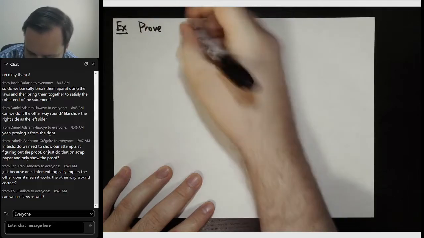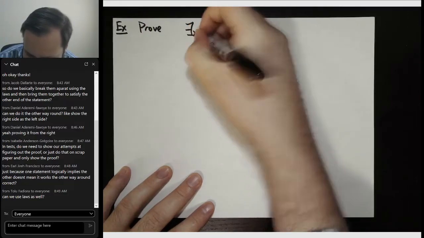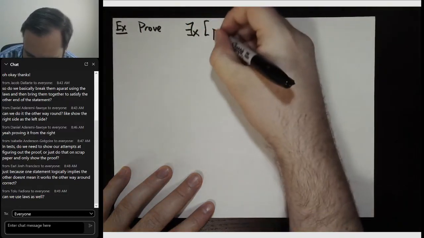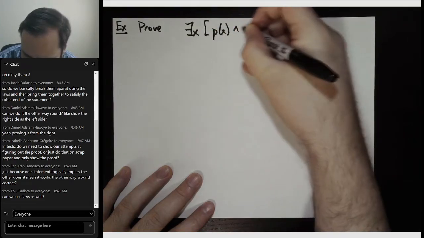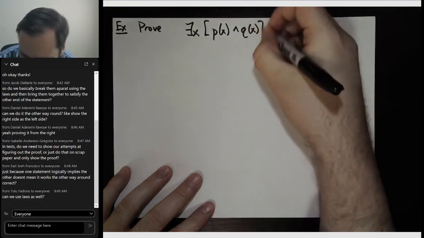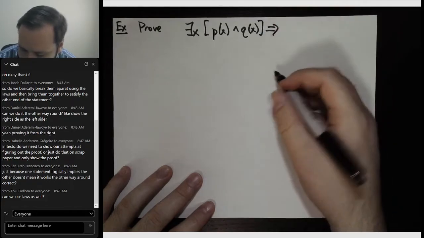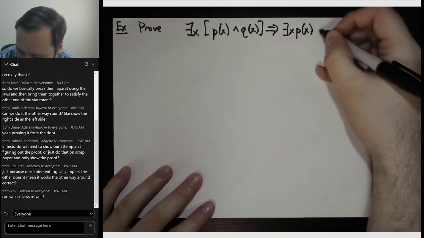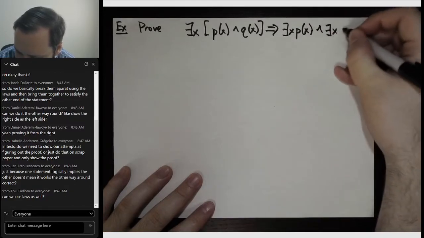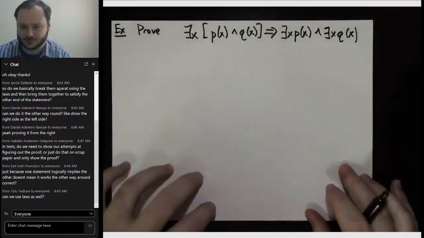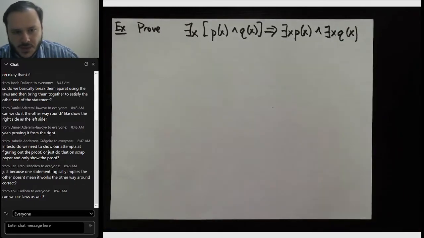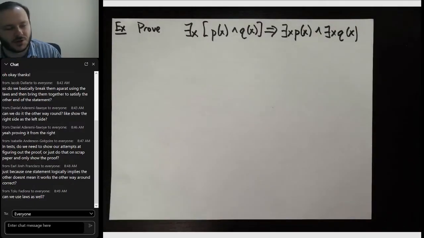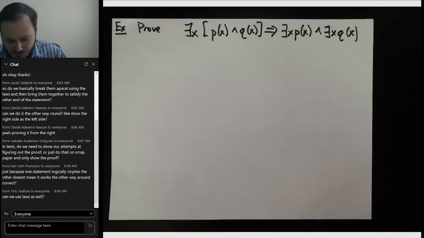Prove if there is an x such that P of x and Q of x, that logically implies there is an x such that P of x and there is an x such that Q of x. Okay. This is a statement that you can prove. The proofs are going to look very similar to the proofs we've just done.